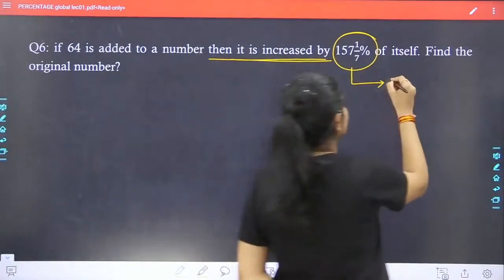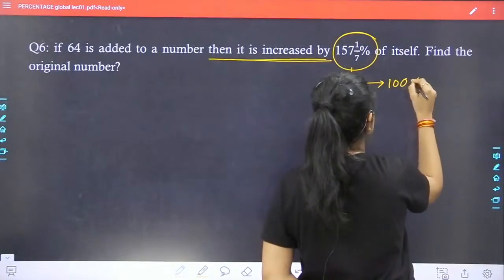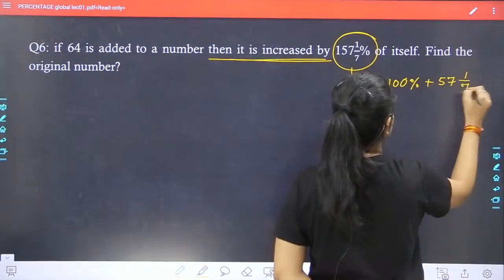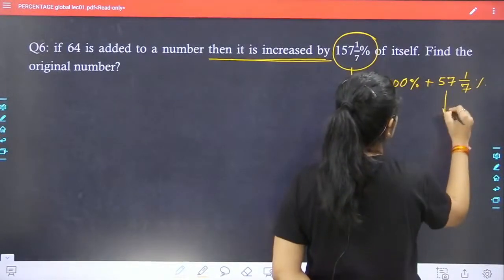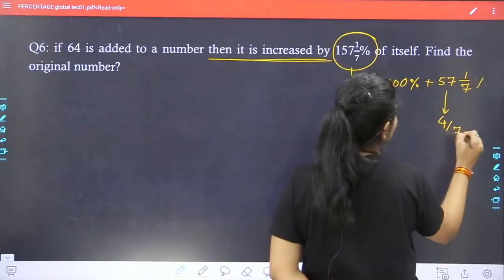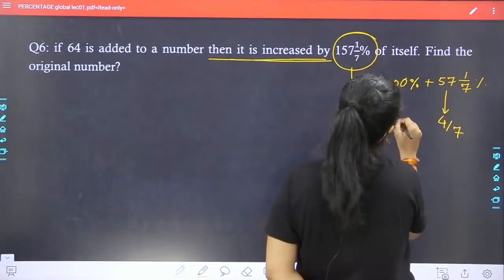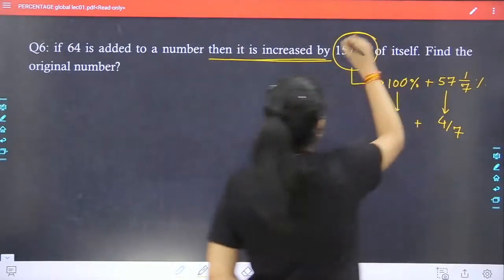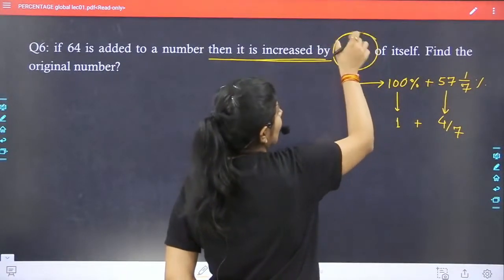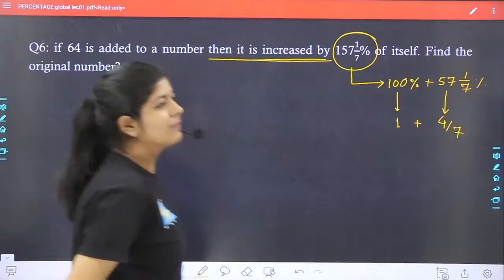I can break it as 100% plus 57 1 by 7%. And we all know the value of 57 1 by 7% is equal to 4 by 7, and we can write 100% as 1. Now what is the value in fraction of 157 1 by 7%?